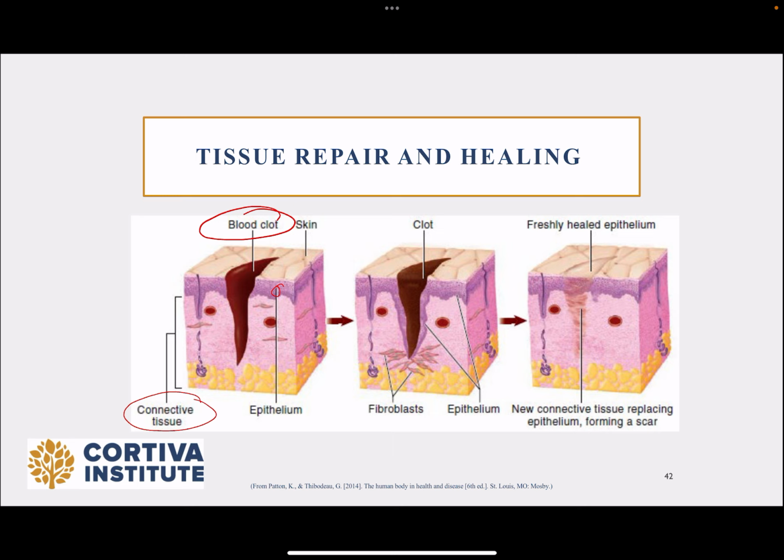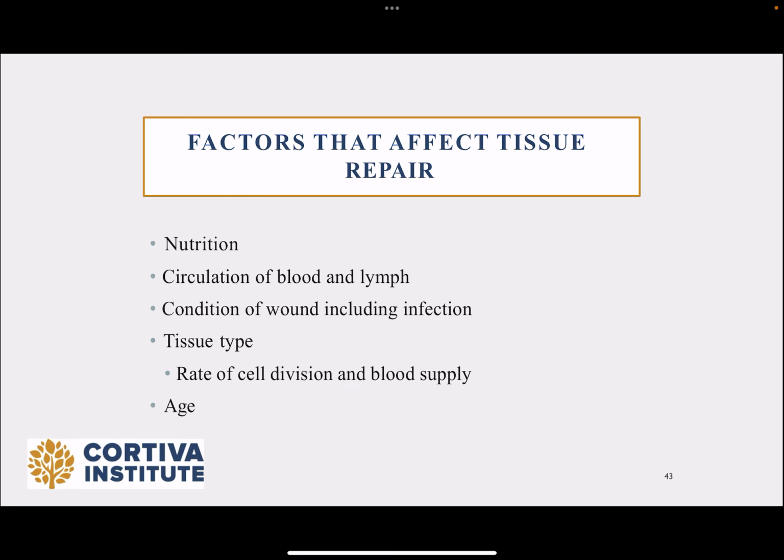So the clot itself will stay there, but then we can see the fibroblast here kind of knitting away at that injury. And it's going to go all the way up to close that epithelial tissue. Once it starts to close, that connective tissue is going to form a scar, and on top we have that freshly healed epithelium.